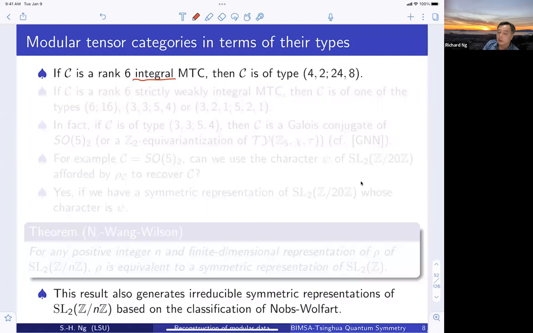So that means it is a Z6 modular tensor category. You have a non-degenerate quadratic form on Z6, and then you write down the corresponding Weil representation. Then you write down the type. This is the type of this integral one. There's only one, in fact: 4, 2 is the decomposition, and the levels are 24 and 8.